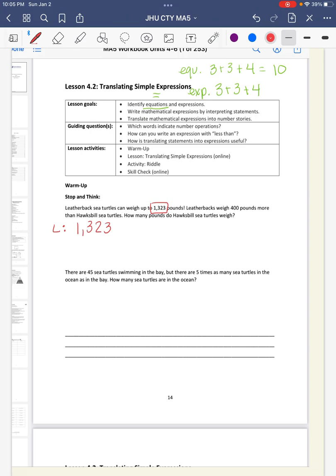And our leatherbacks weigh 400 pounds more than the hawksbill. So the leatherbacks weigh more than, this is the sign for more than, hawksbill. Okay, again, the H is just representing the hawksbill. And they actually weigh 400 more than the hawksbill.